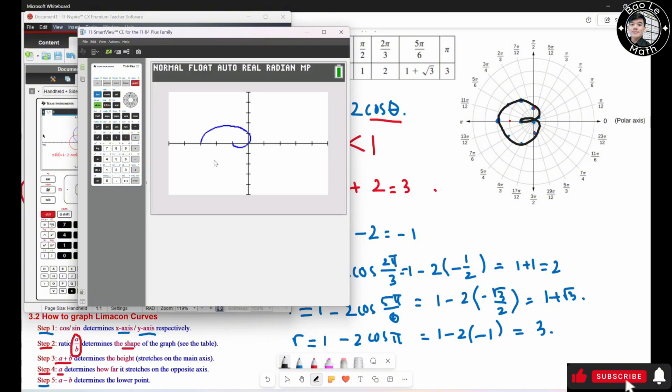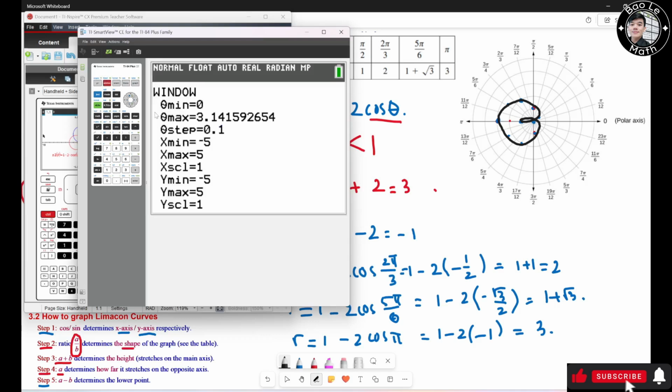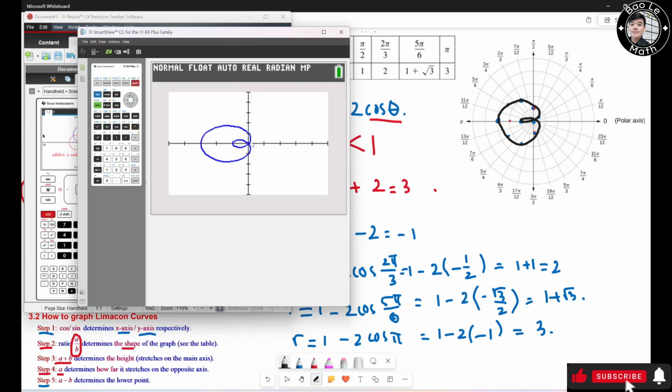The reason why the full picture doesn't show up is because we need to adjust the window range, right? So the window right here, for the angle, minimum is 0, maximum should be 6.28, which is 2 pi, right? So we need to adjust this one to 2 pi, so we just put 2 times pi, right? Now we hit graph, it shows up, right?